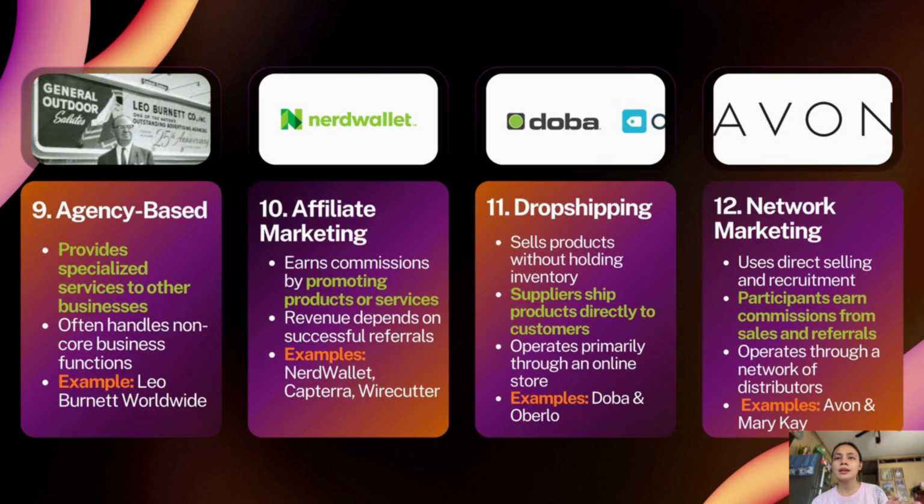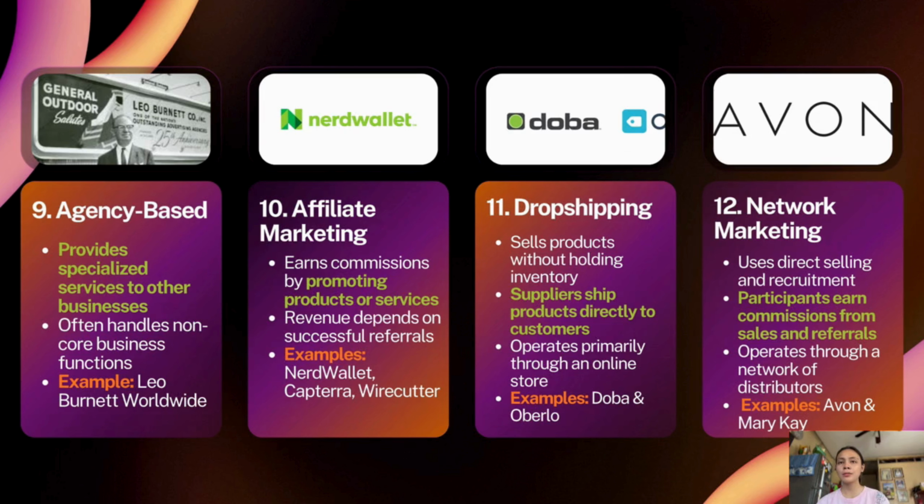Next is drop shipping. This is a model where the supplier ships the product directly to the customer. So, Doba and Alibaba are companies that use the drop shipping business model. Twelve is network marketing. It is a business model where independent representatives sell products or services directly to the customer.